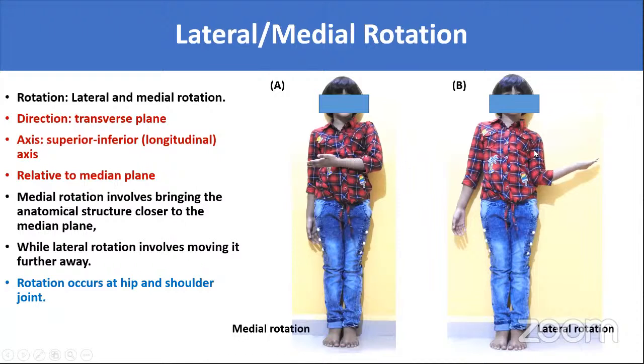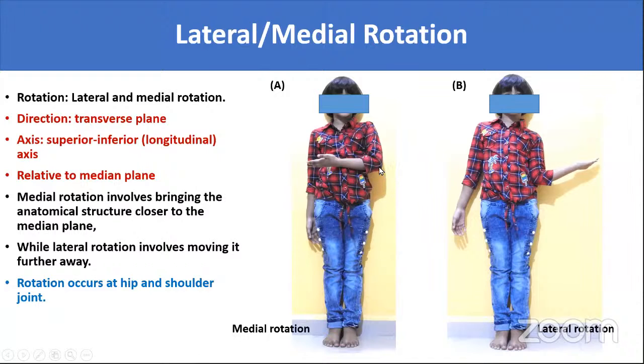Whereas in case of the second photograph, this forearm, which was earlier close to the median plane, has moved away from the median plane. It is towards the lateral side, and therefore this type of rotation is called lateral rotation.